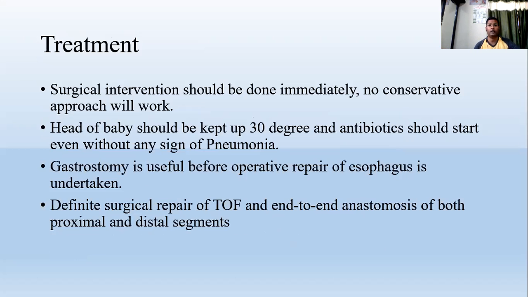What is the treatment? It is purely surgical treatment, which should be done immediately. No conservative approach will work here. The head of the baby should be kept up to 30 degrees, so that it avoids regurgitation of esophageal content into the trachea, which may avoid aspiration and respiratory distress.